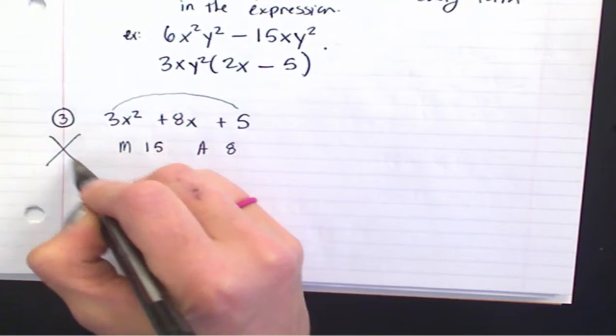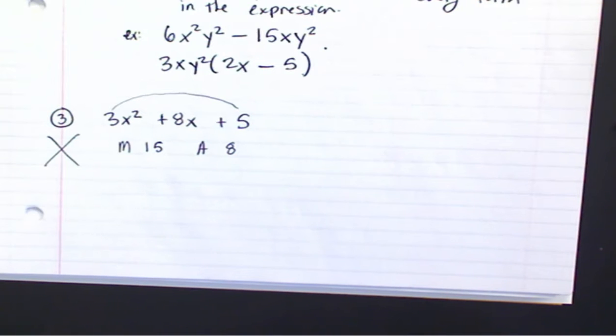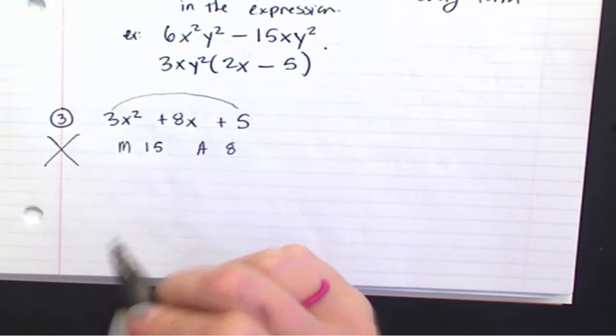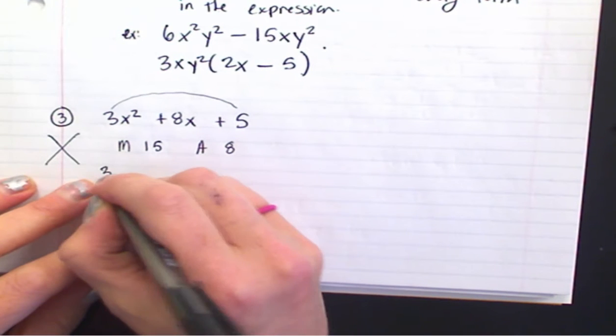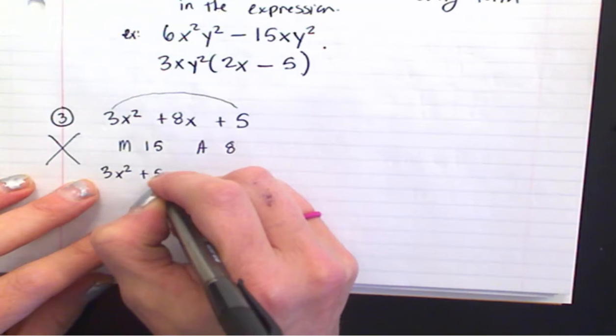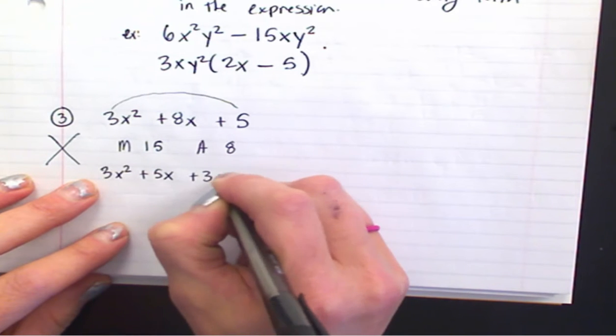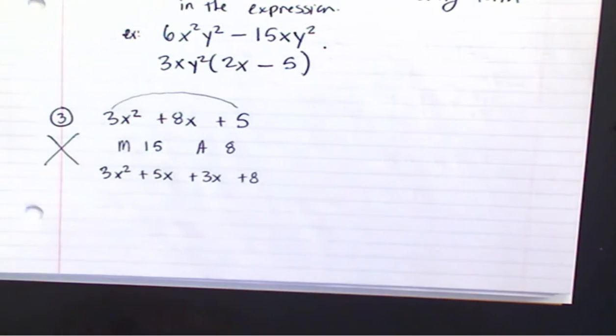Maybe you do the X, maybe you do a box, I don't know, but you pick numbers that multiply to 15 and add to 8. 5 and 3.